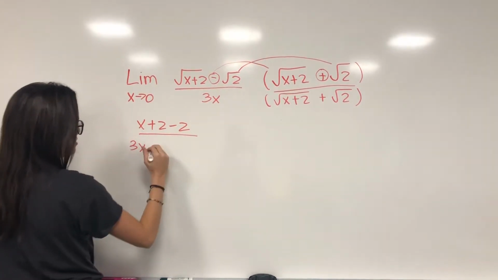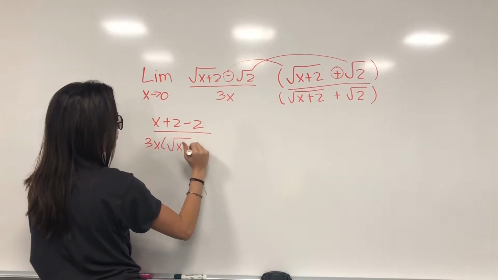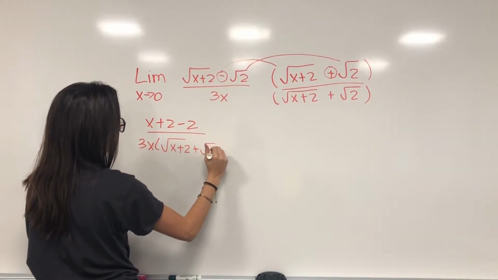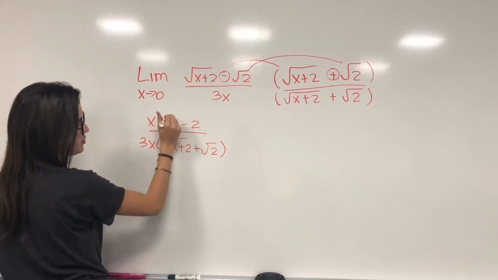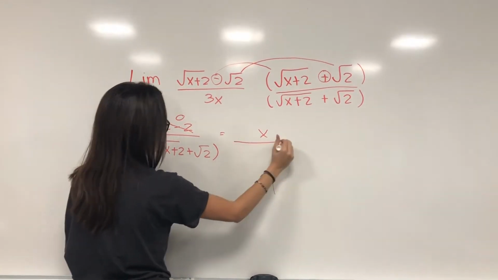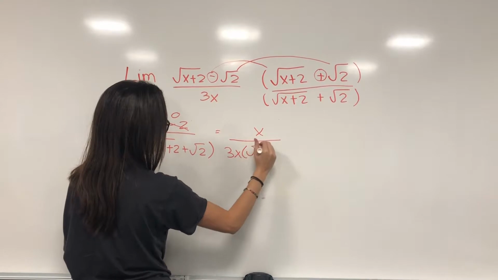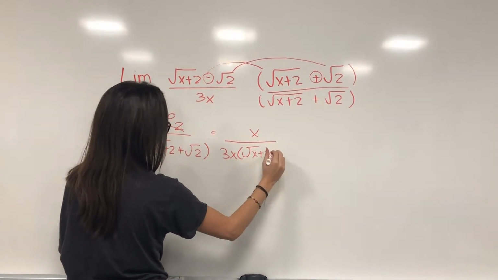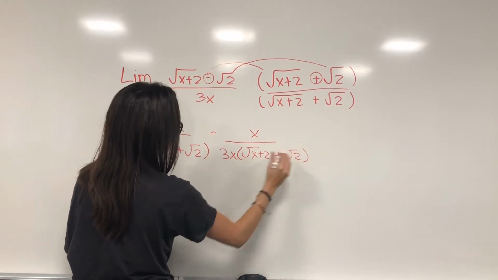This times this is 3x, open parentheses, x plus 2, plus square root of 2, close parentheses. Here, 2 minus 2 is 0, so that leaves us with x over 3x, open parentheses, x plus 2, plus square root of 2.